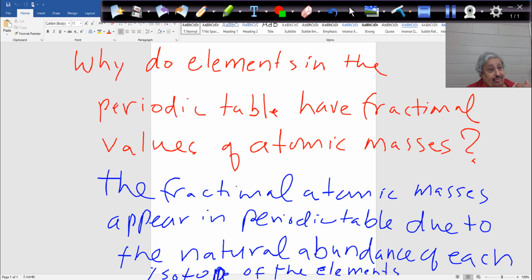Why do the majority of elements, over 90%, have fractional atomic masses? Well, it has to do with their abundance in nature, right? And you can add here abundance in nature.